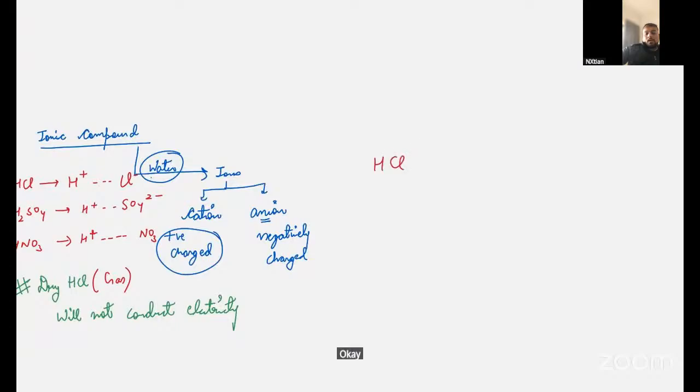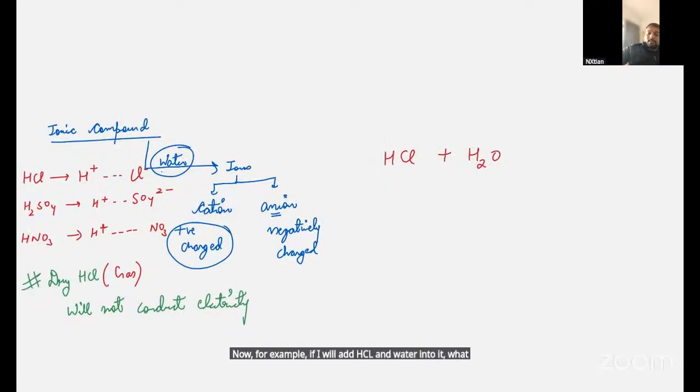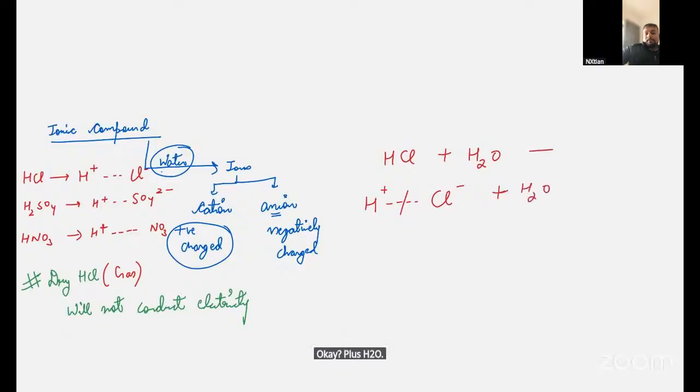So now listen, guys. For example, if I add HCl and water into it, what will happen? The H and Cl bond will break. Plus H2O, then what will happen?